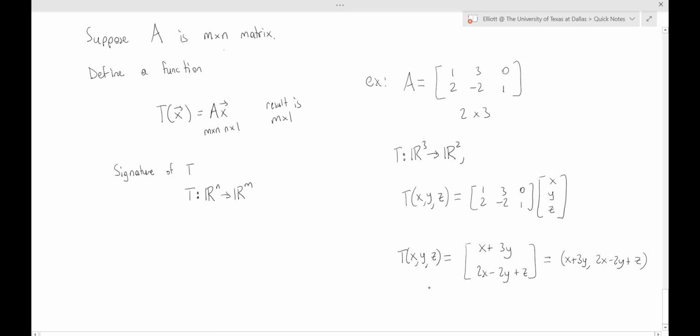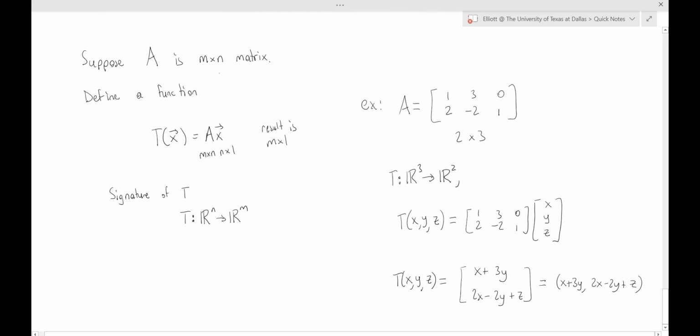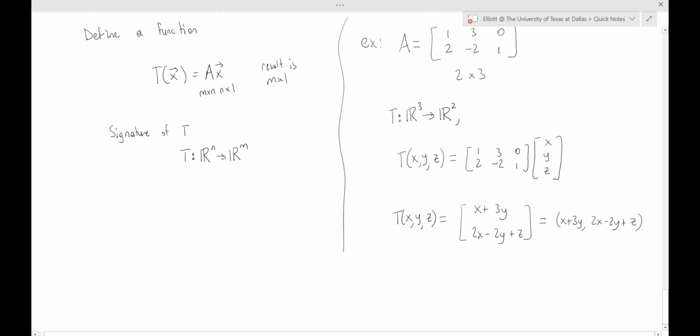Now, when we look at this function here that we defined, I want to note two things about this function. It satisfies T of u plus v equals T of u plus T of v.